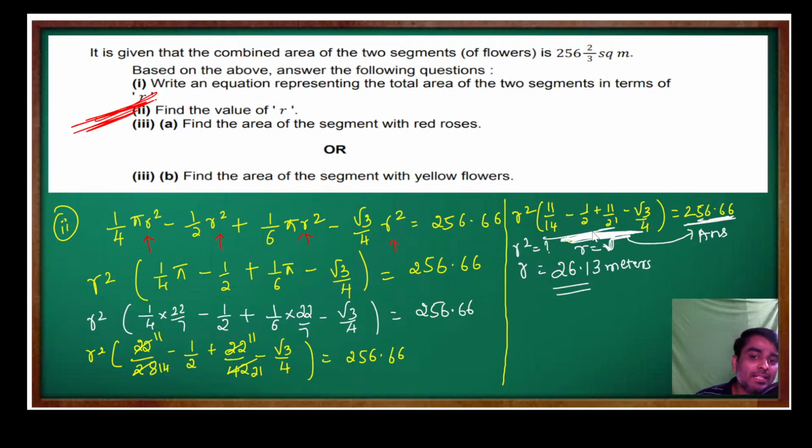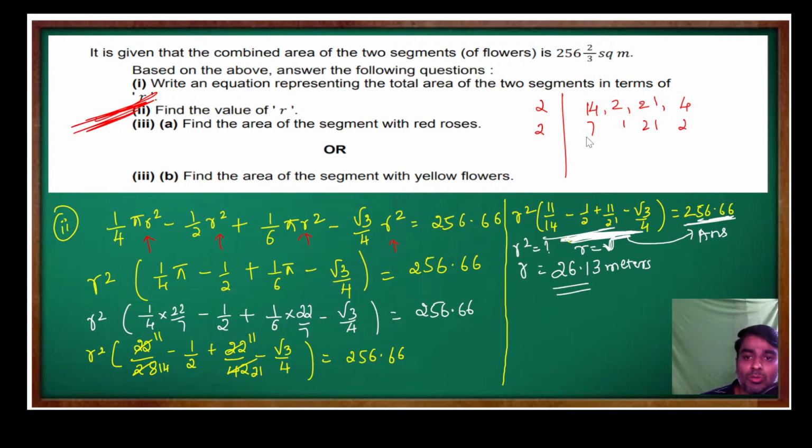I think go for the LCM method because 4 fractions are there. So find out the LCM of 14, 2, 21 and 4. 2 7s are 14, 2 1s are 2, 21 as it is, 2 2s are 4.